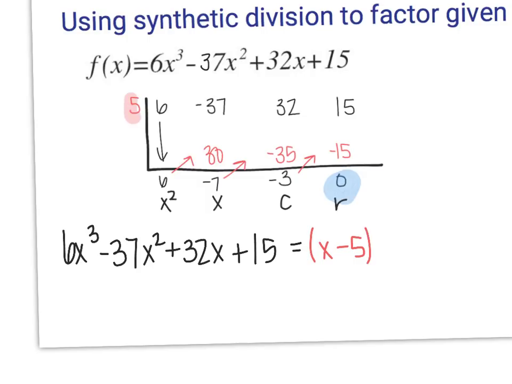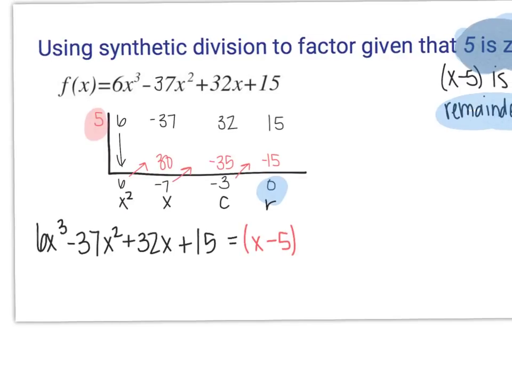I picked that because that was what I factored by, what I divided by, times 6x squared minus 7x minus 3. And I came up with that from what I got when I synthetically divided.